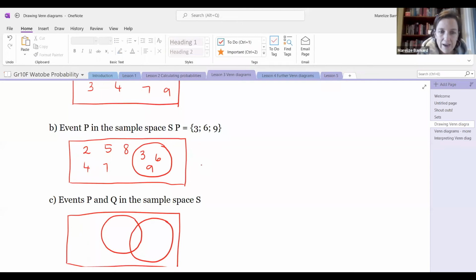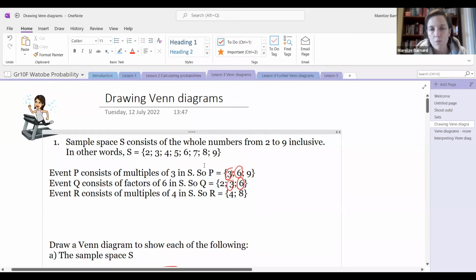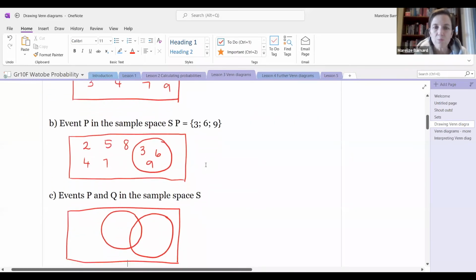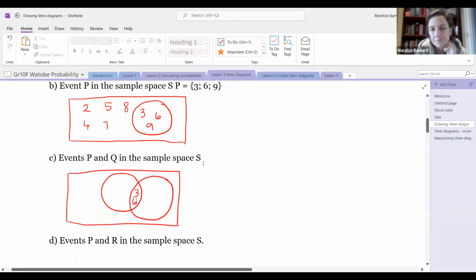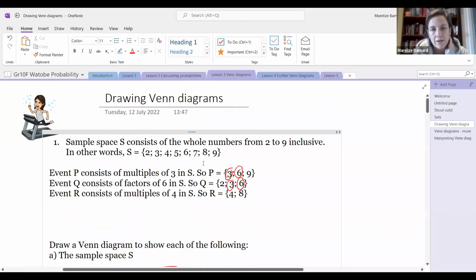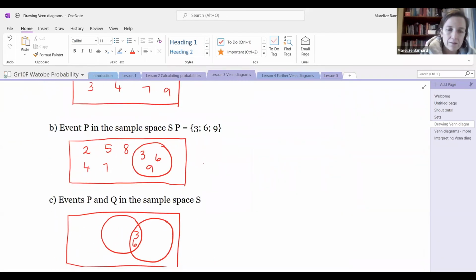And where they cut, we put the things that they both share, the things that they have in common, 3 and 6. But we just put it once. We don't put more than one 3. We just put a 3 and a 6. The other elements of Q is just the 2, and then the 9 for P.